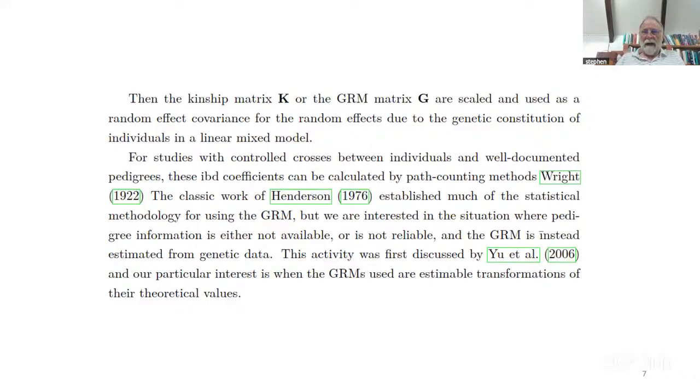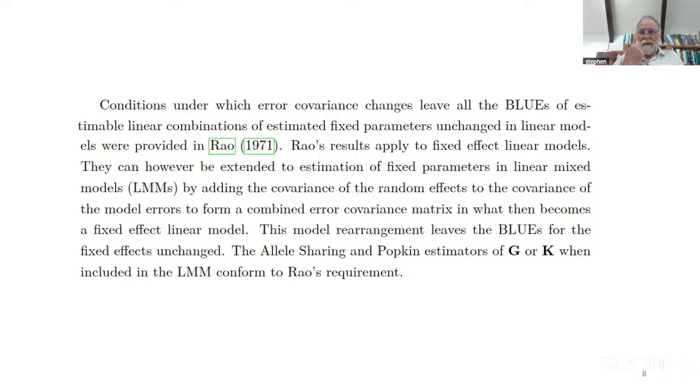And the question is, under these transformations, which properties are retained as if we had been able to use K or G? So Rao's results look at leaving all of the BLUEs of an estimable linear combination of fixed parameters unchanged when we change the covariance structure.